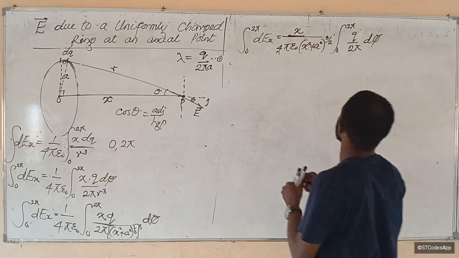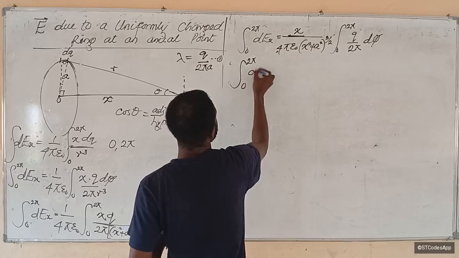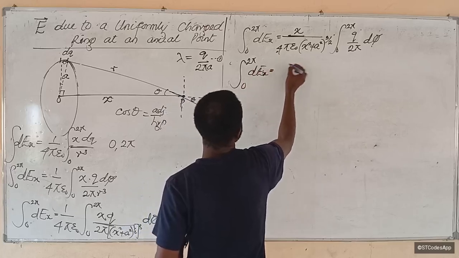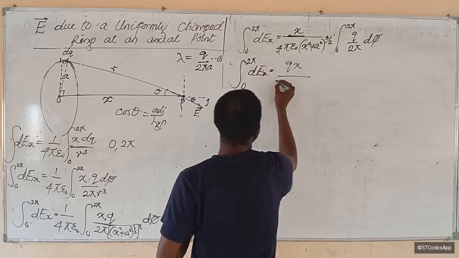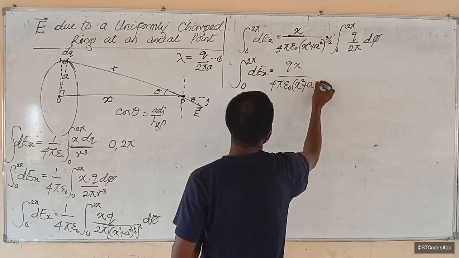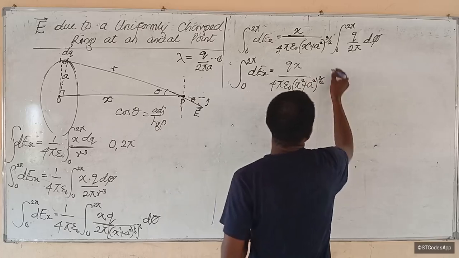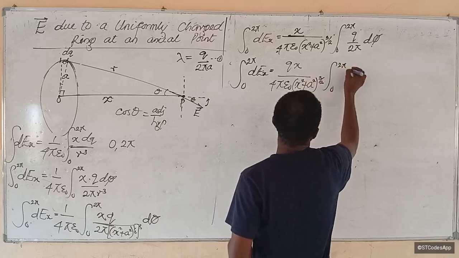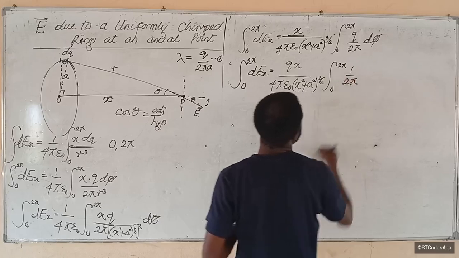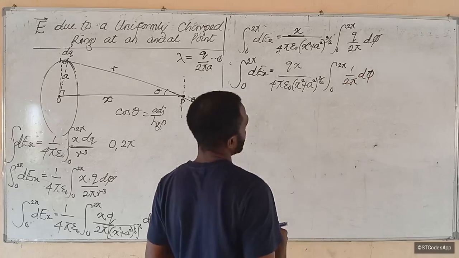So Q will come here too. So we have E_x equal to Qx over 4 pi epsilon naught, x squared plus a squared all raised to power 3 over 2, integral between 0 and 2 pi of 1 over 2 pi d phi.